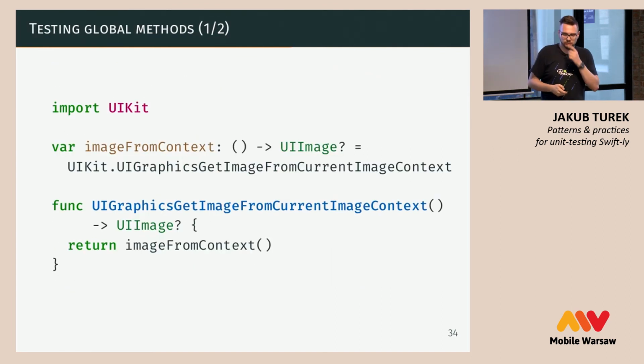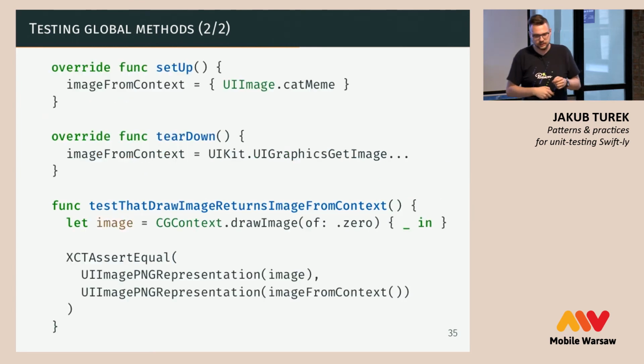But what's pretty neat about that is that when you want to test that, you can actually pass any closure to that stored global variable. And this way you can pretend that the global method returns a completely different thing. You can create a stub in here and return it in the test always the same way. You need to remember to revert to the previous implementation, of course, in the teardown.